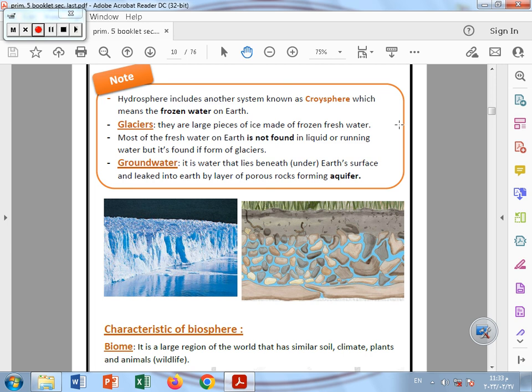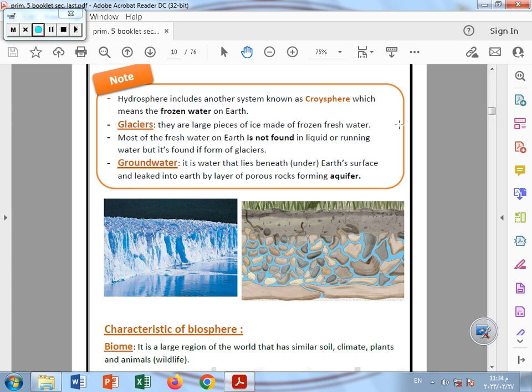And we say the hydrosphere contains all water on the earth, even the solid water, which is the ice. So the solid water on the earth is called the cryosphere. This means the frozen water on earth. And we have very large pieces of ice made of frozen fresh water, or that come from freezing of rivers, that's called the glaciers.